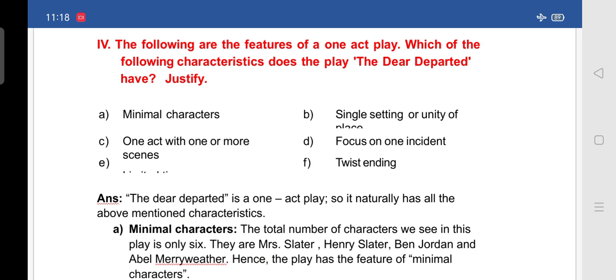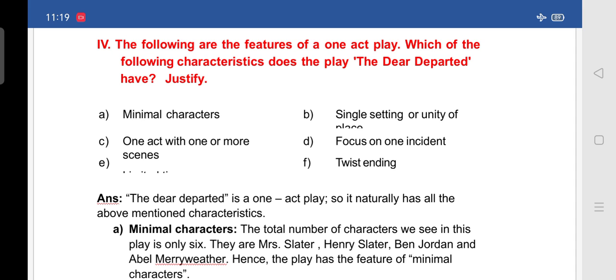Here they have given some features of a one act play, and they are asking whether these features relate to the characteristics in the play The Dear Departed. If they are related, we have to give a small explanation. I have already done it for you, and I want you to write them neatly in your notes without any mistakes.